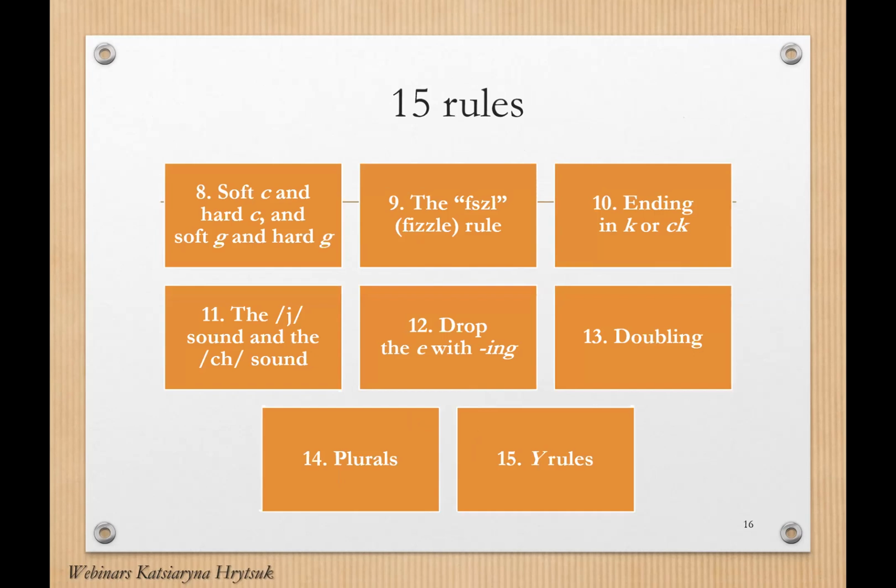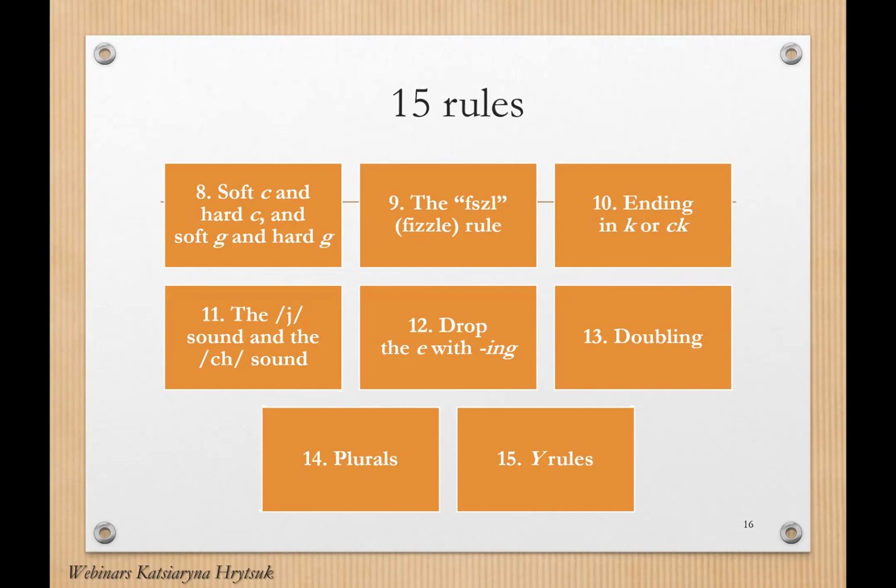Then we have ending in K and ending in CK. Sometimes we need to write the letter K, and sometimes we need to write CK, right? So why do we write cat with C, but kick with CK? Have you ever thought about that? Maybe not, maybe yes. Then G sound and CH sound. Then drop letter E with ing.